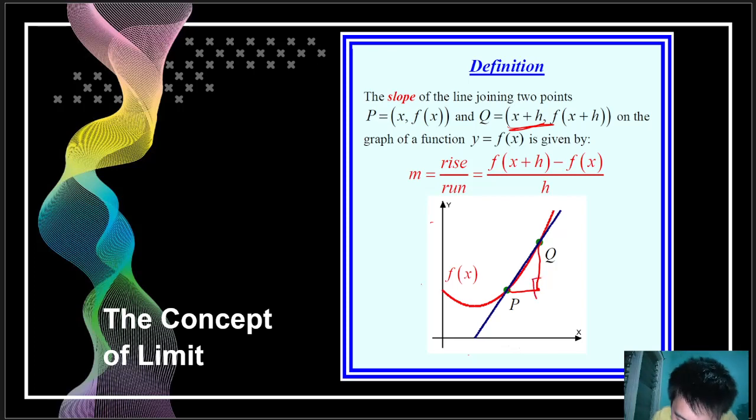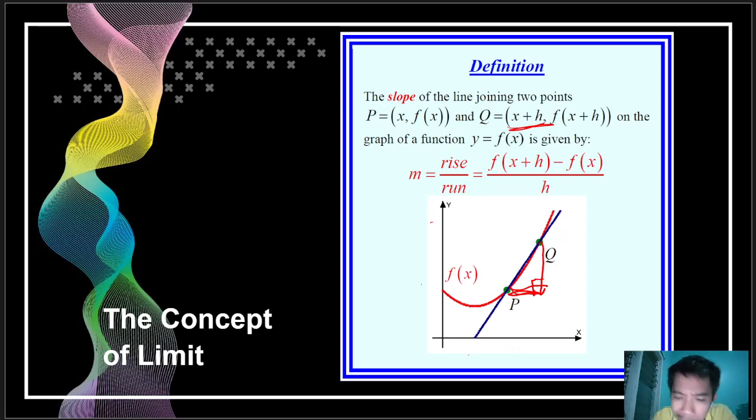You know that this is a curve, but for a very, very small distance between P and Q, you can say that this is close to a straight line. And if that is close to a straight line, then we can say that it is very near to a right triangle. So taking note of a right triangle, to make it clear. Okay. So this is a right triangle.